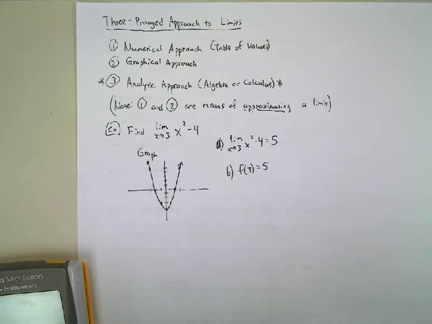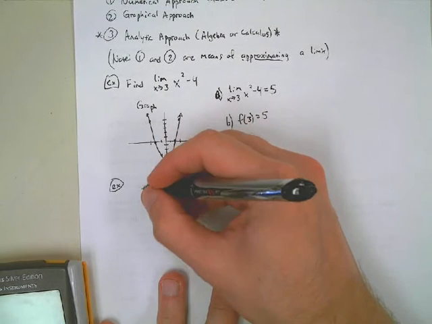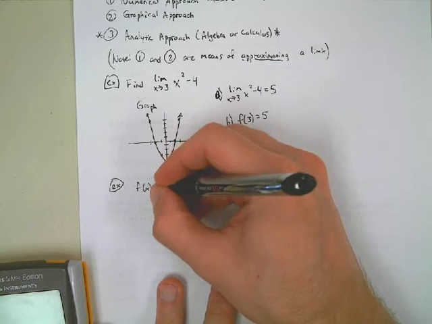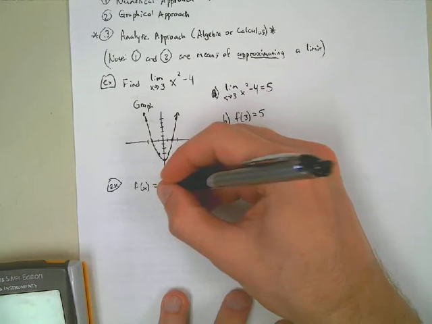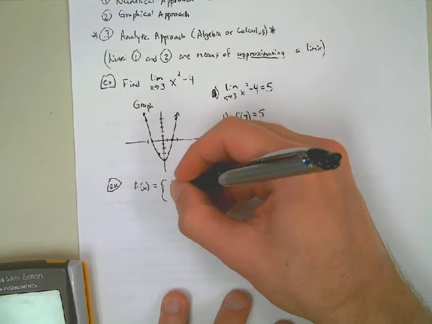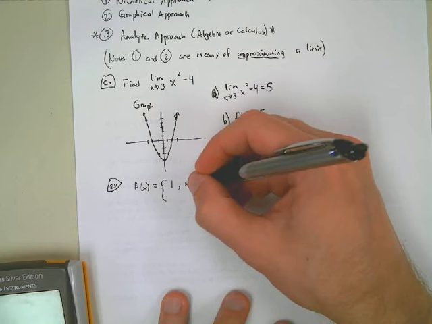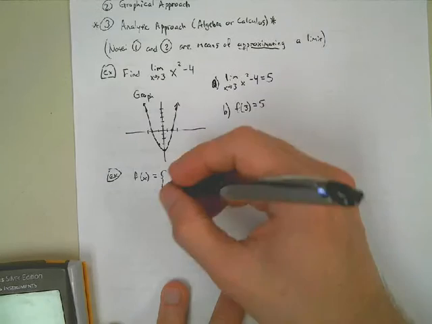Okay? But this won't always be the case. For example, the function value won't necessarily always be the same thing as the limit. So let me make a piecewise function here. We'll say f of x equal to 1 when x is not equal to 2, and f of x equal to 0 when x is equal to 2.